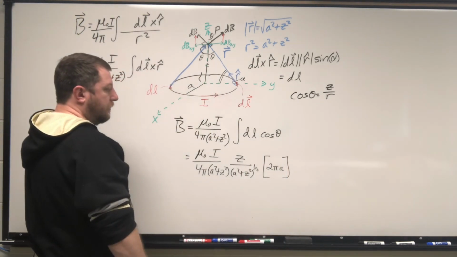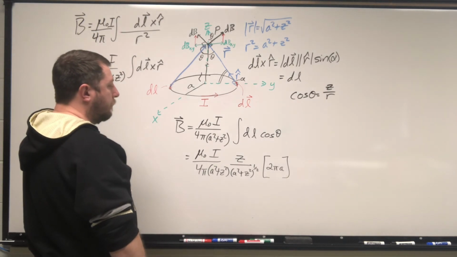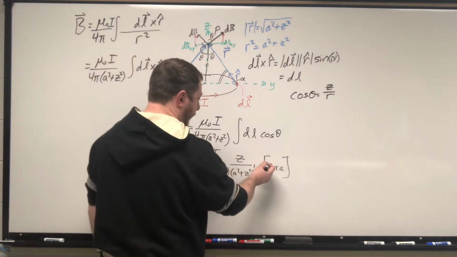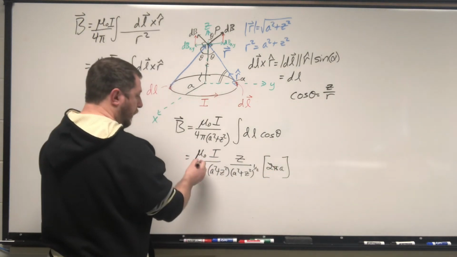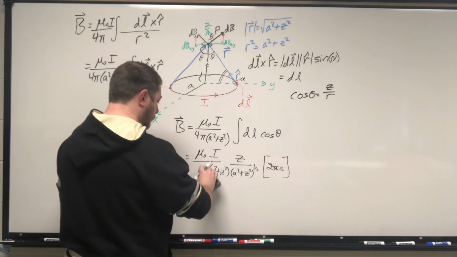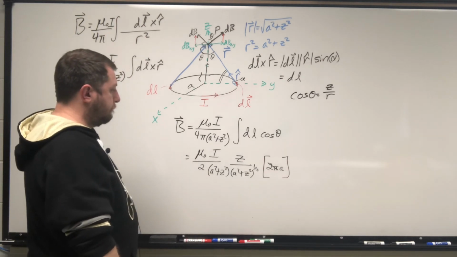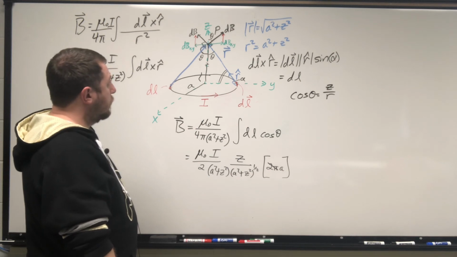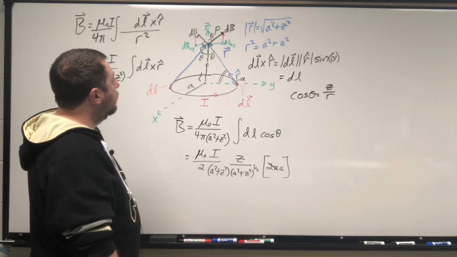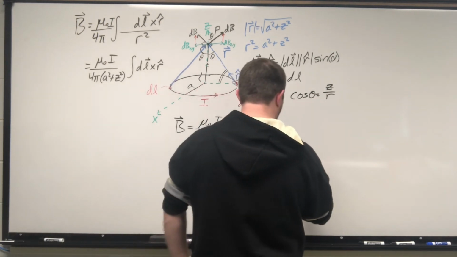And doing all of this, let's see, the 2 pi's cancel out, and this is going to be left with a factor of 2. And let's see.